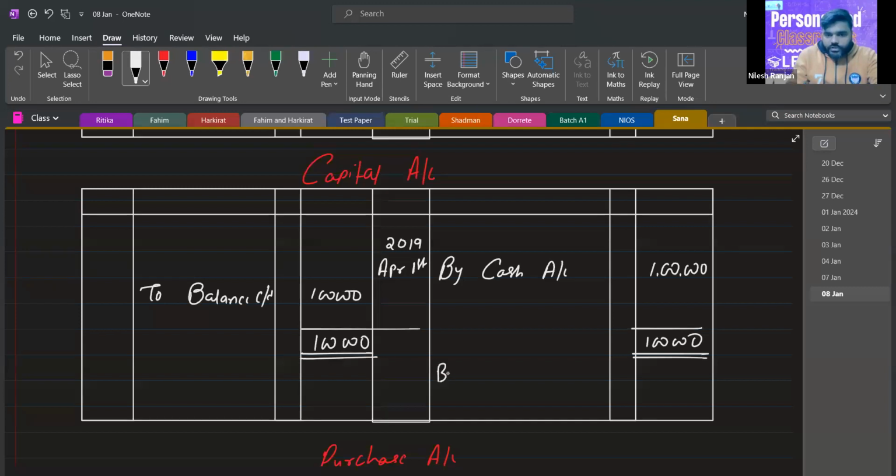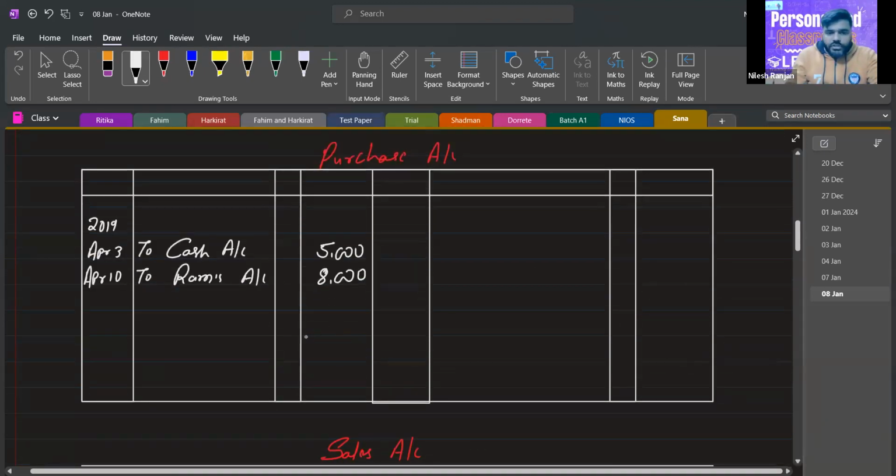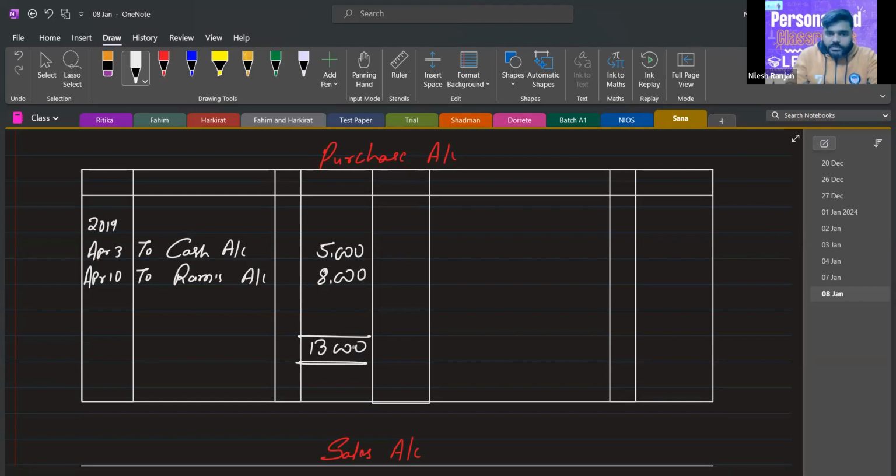After that, you can write it here also by balance BD 1 lakh. Purchase account, only transaction is on the debit side, so 13,000, and it will be by balance CD 13,000.